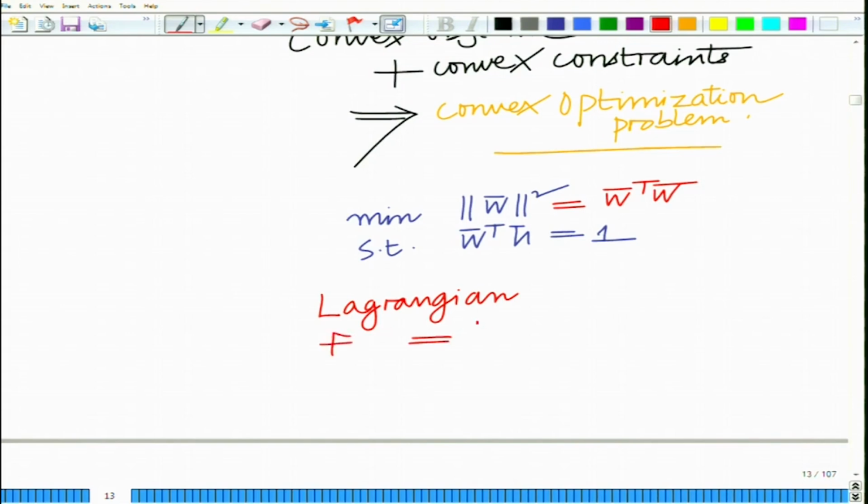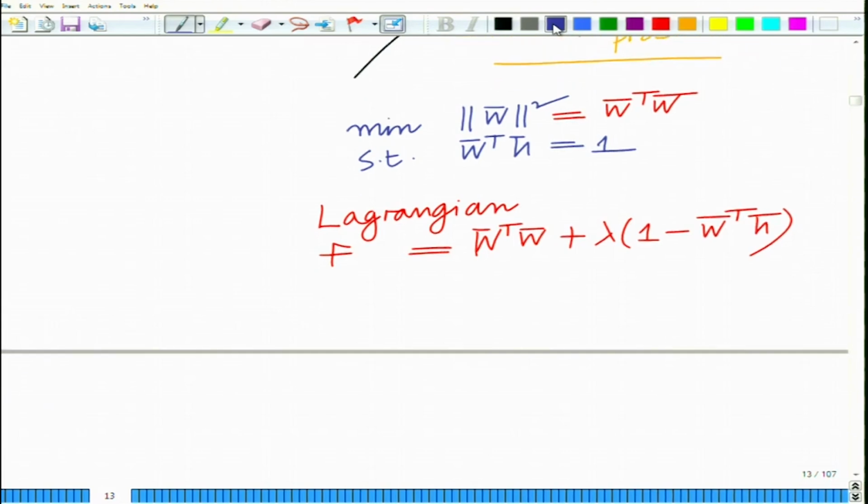I can denote this as w bar transpose w bar plus lambda times (1 minus w bar transpose h bar). Okay. And now, this quantity lambda is the Lagrange multiplier. This is a new parameter in the optimization problem, and this Lagrange multiplier also has to be determined as part of the solution to the optimization problem.